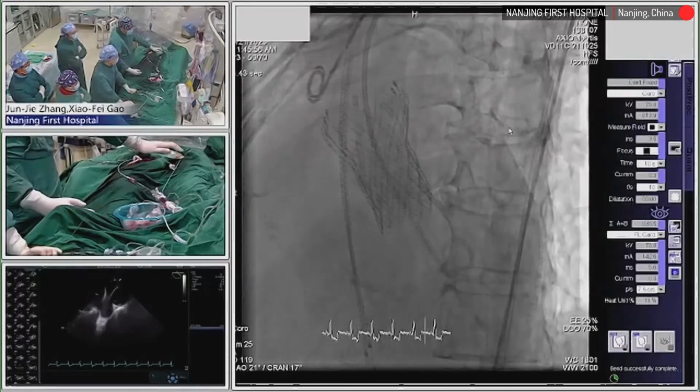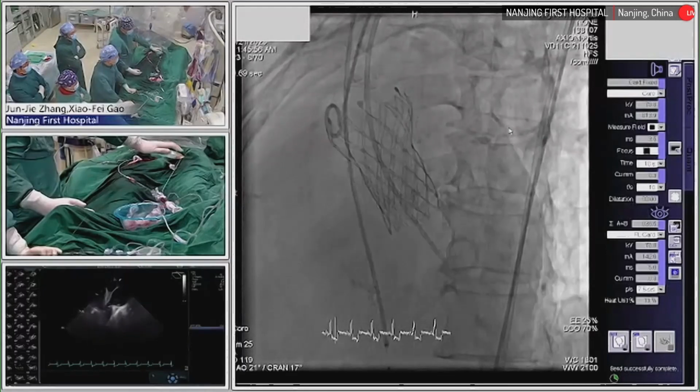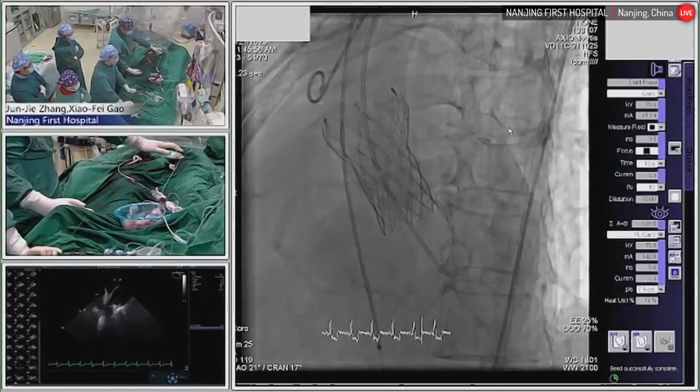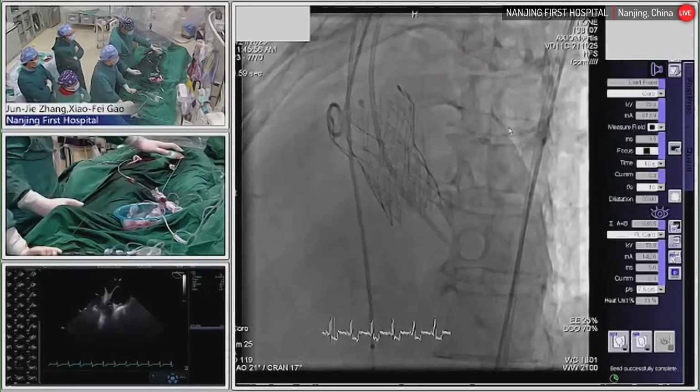Also, we all know RBBB is an independent predictor of heart failure and, of course, death after the TAVI procedure.